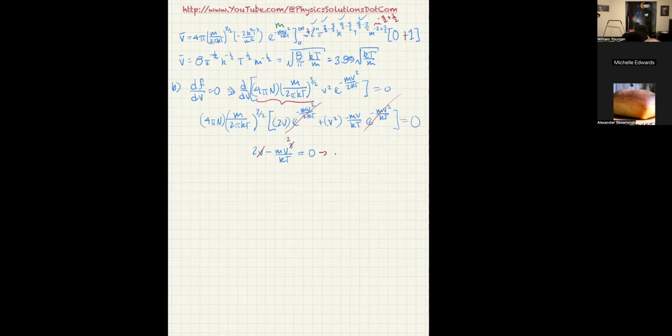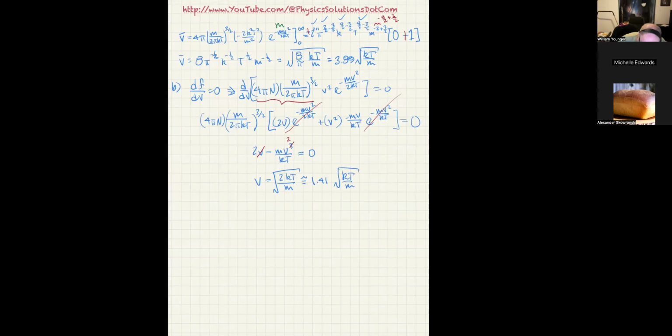And lo and behold, we're going to get v is equal to 2kt over m, and then we take the square root of that, and that's the actual answer, which is approximately 1.41 times the square root of kt over m.